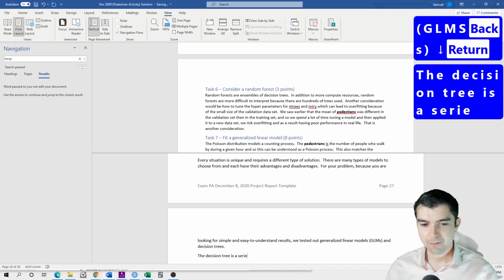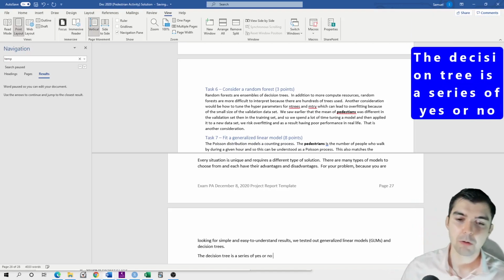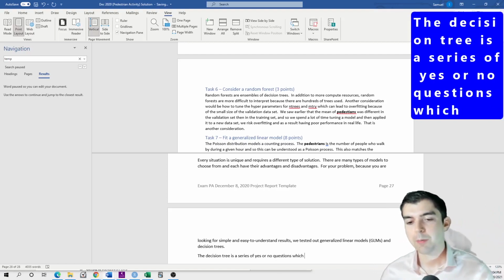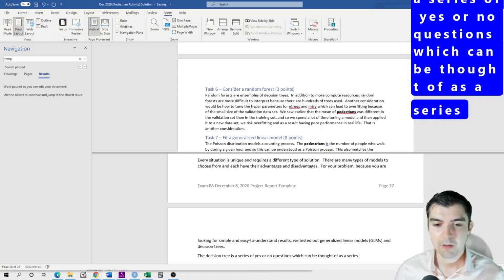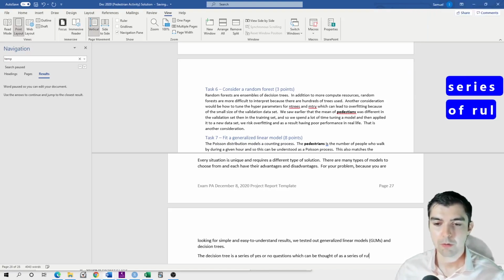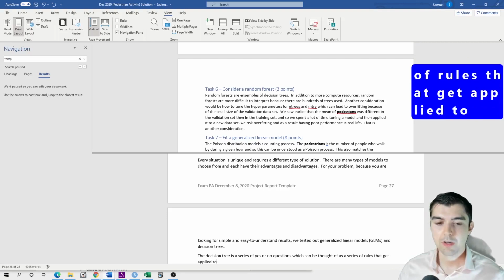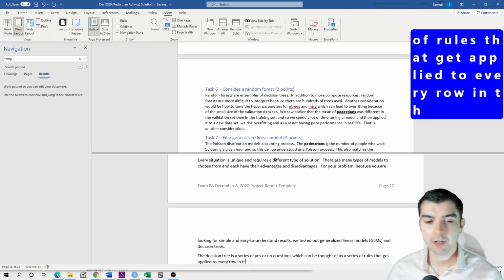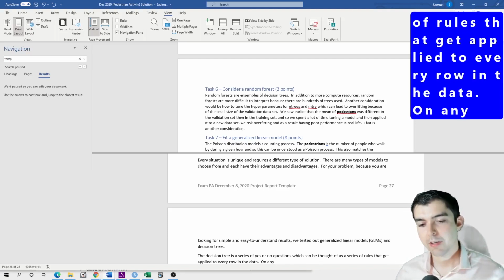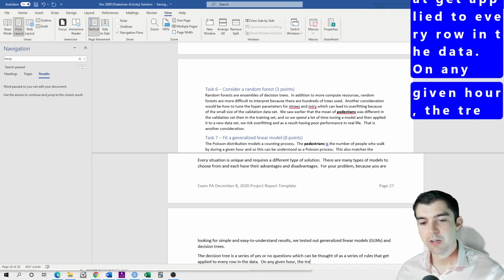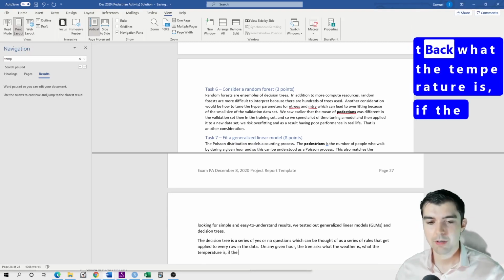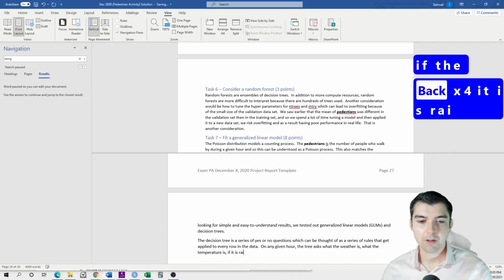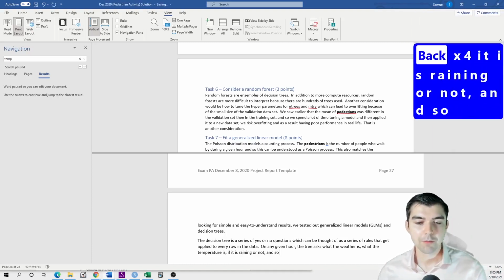The decision tree is a series of yes or no questions, which can be thought of as a series of rules that get applied to every row in the data. So on any given hour, the tree asks how many people are about, what the weather is, what the temperature is, if it is raining or not, and so forth.